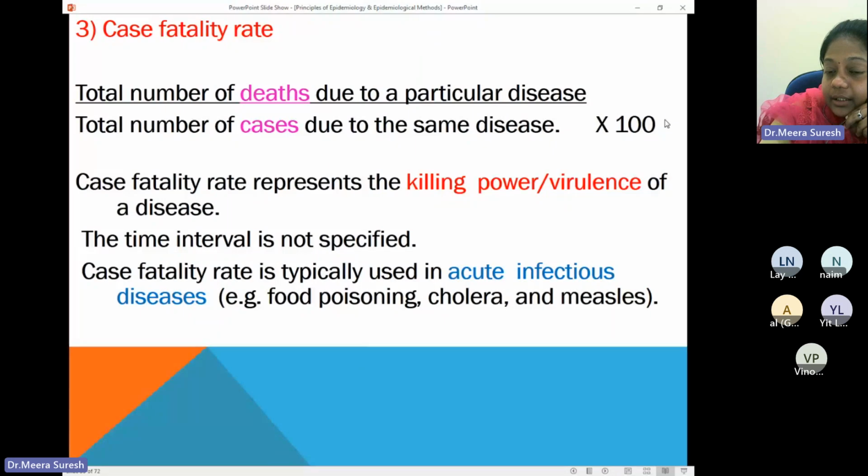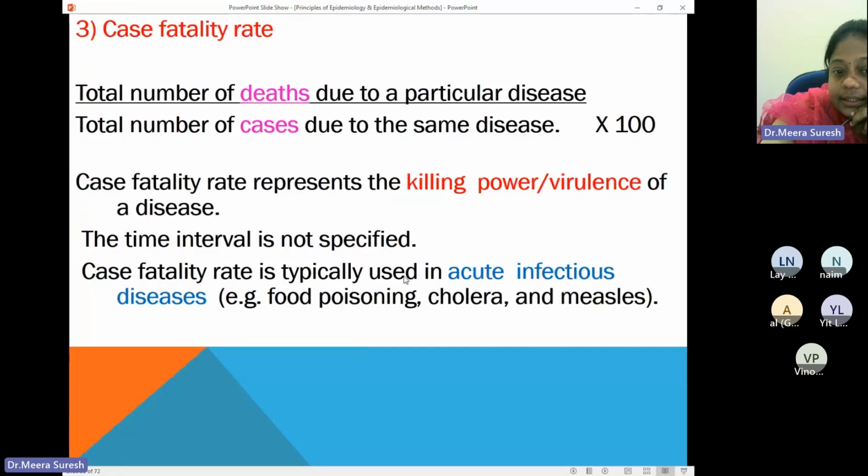And here the multiplier is actually 100, which means we are going to say it in percentage. So that is the difference of case fatality rate from the others. Though we say it as a rate, it is actually a proportion, because we are going to say it in percentage.